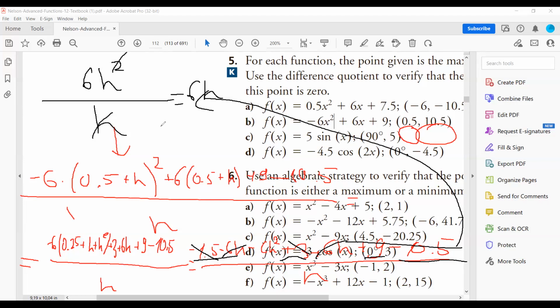And if we take h a really close number to 0, like 0.1 or negative 0.001, we can see that the rate of change is traveling to 0. So this point could be local.